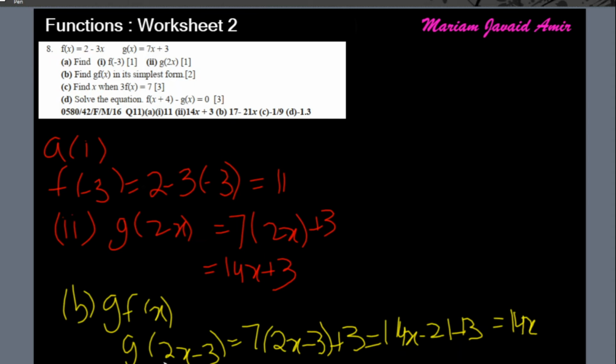It was 2 minus 3x, not 3 minus 2x. Sorry, 7 3s are 21 minus 14x plus 3.